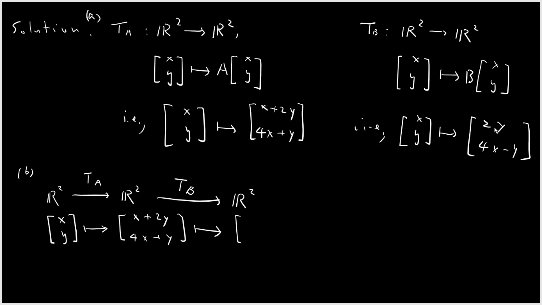You look at the outputs for the input of xy under T sub B. The first component is double the first component in the input, and likewise the second component is 4 times the first component in the input minus the second component. I think the first component 8x plus 2y is right.